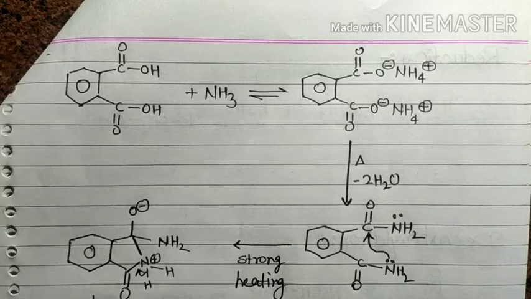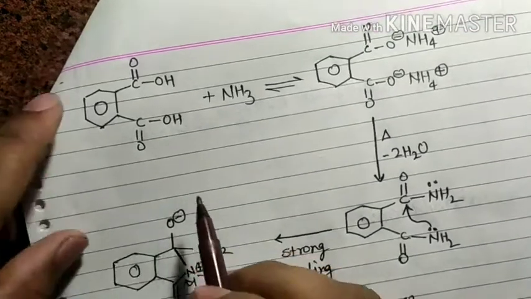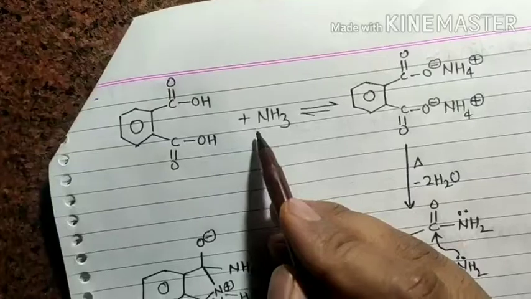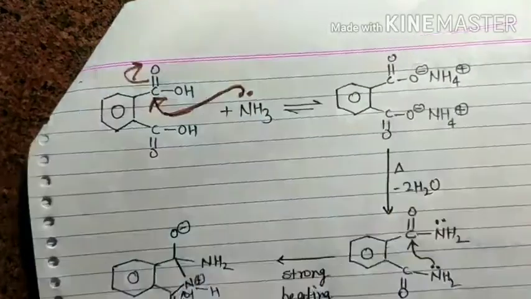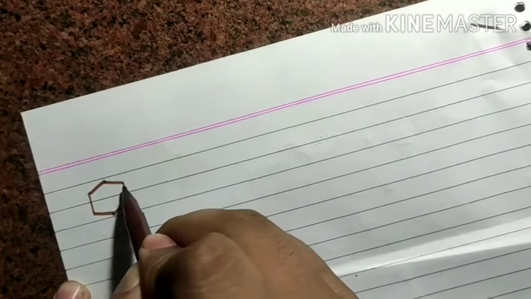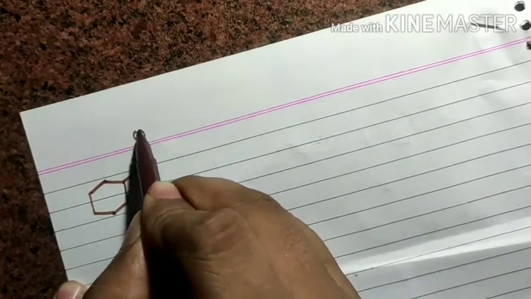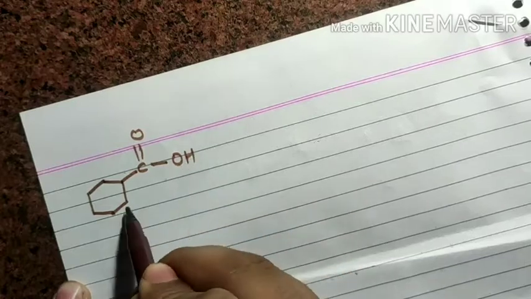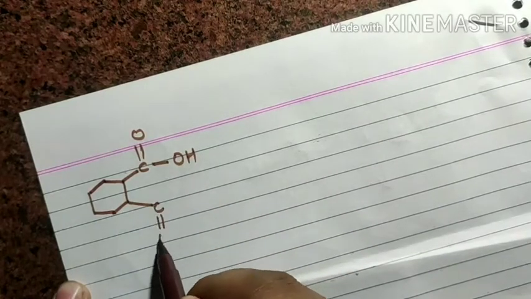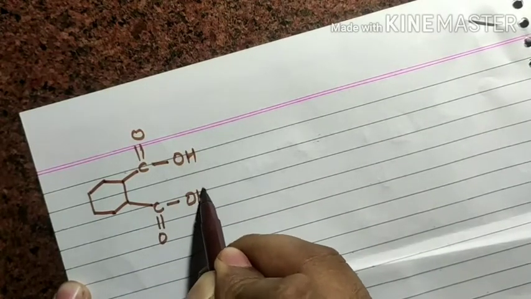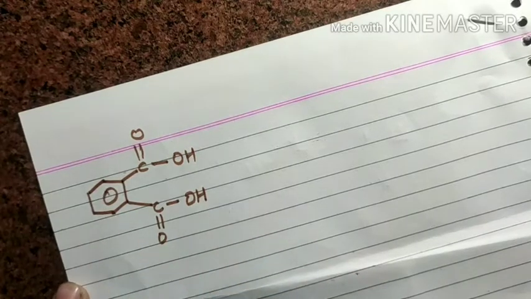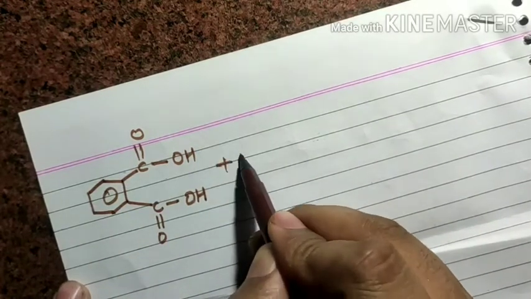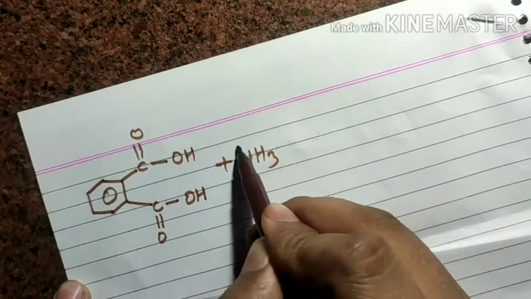First, this is the NH3 molecule with one lone pair. Now the mechanism for phthalimide. First write phthalic acid: C double bond O, OH, and C double bond O, OH. This one is phthalic acid, and this is the benzene ring. It reacts with NH3, that is ammonia.